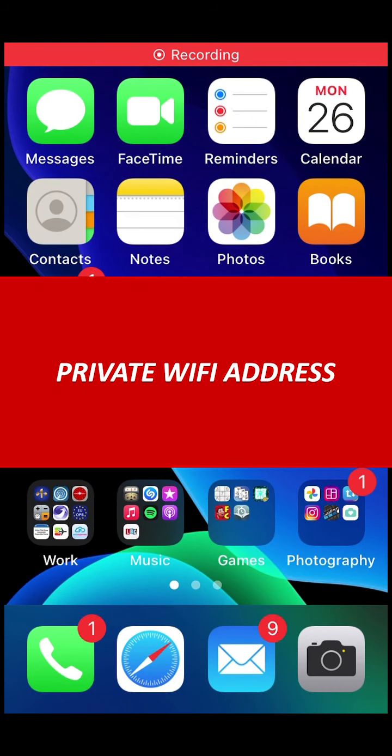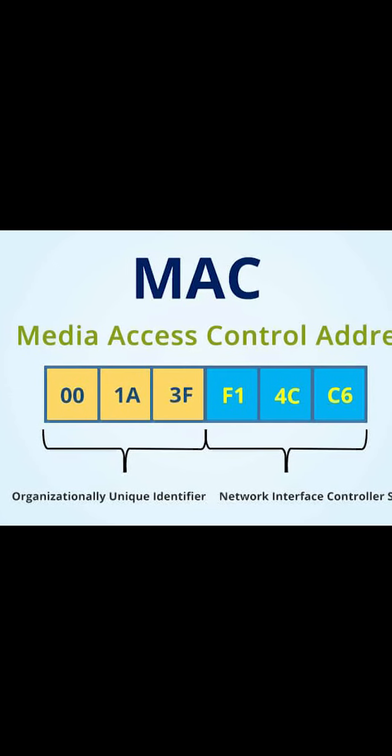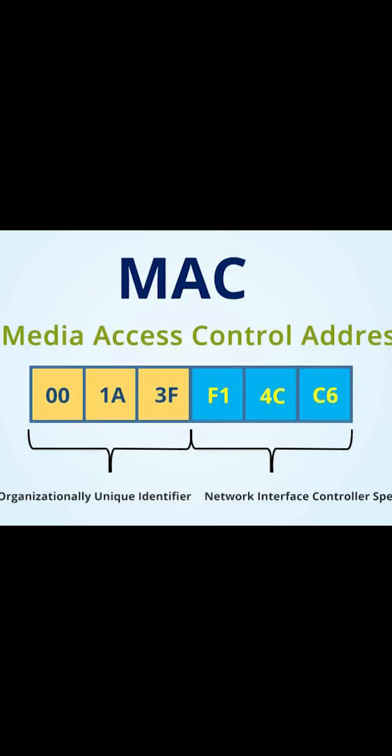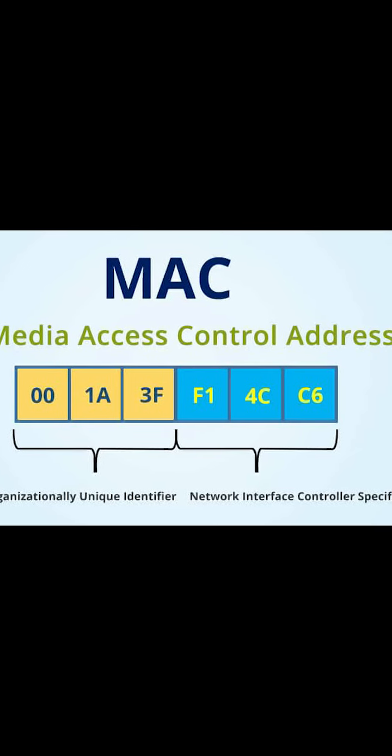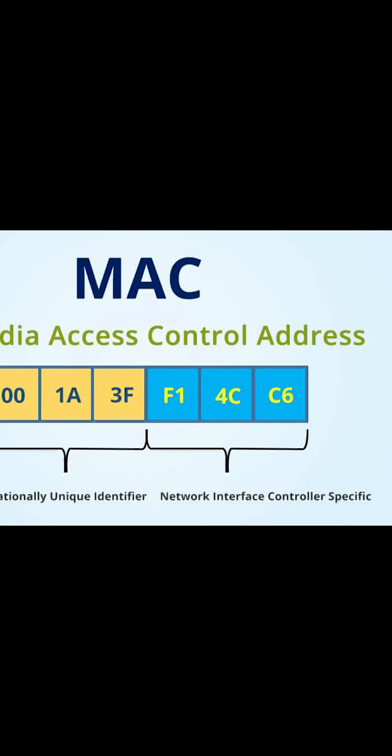The next feature that we will talk about is the private Wi-Fi address. Normally, when any device communicates with a Wi-Fi network, it has to identify itself using something called a MAC address. In simple terms, it's a load of letters and numbers that a device is known as on a Wi-Fi network. Usually, devices keep the same MAC address, so if you're always logging in on the same Wi-Fi, network providers and some third parties may be able to look at those devices and see your activity over time.